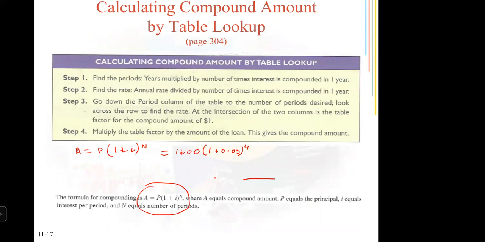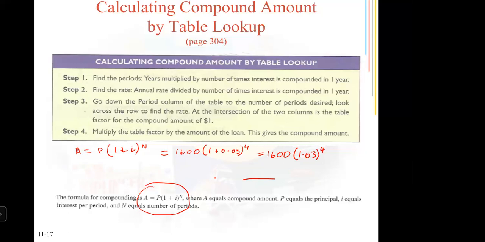All right. So that would be equal to 1,600 times (1 plus 0.03), which would be 1.03 to the 4th power. So what you would do then, you would go on your calculator and you would multiply 1.03 4 times.